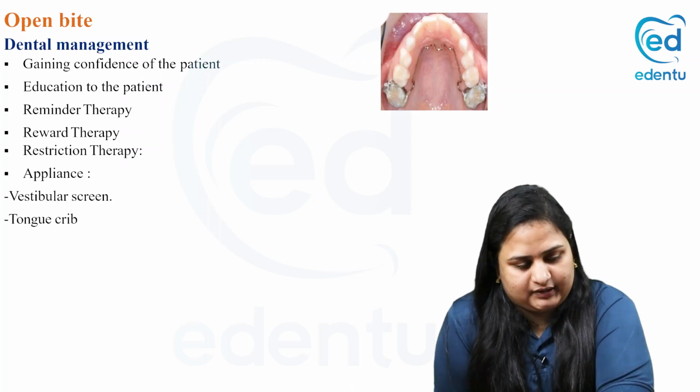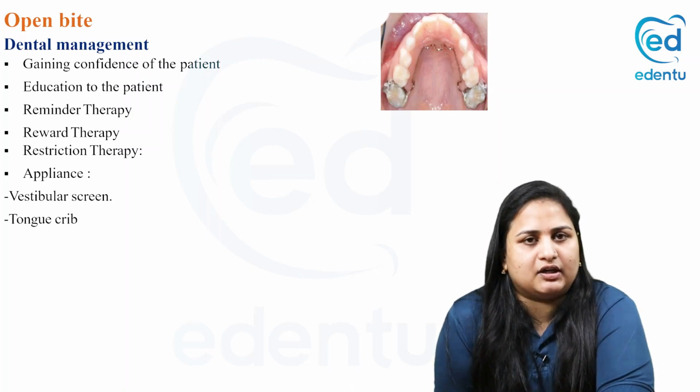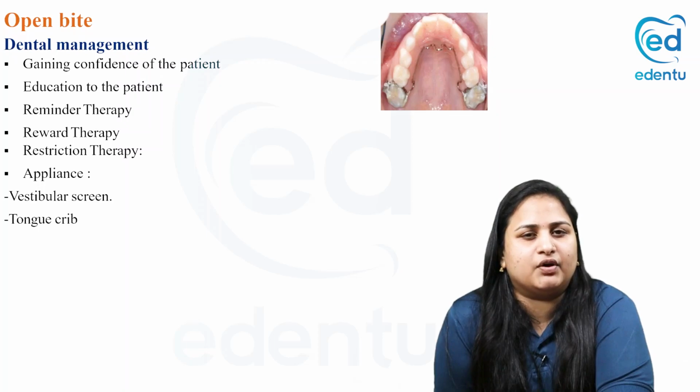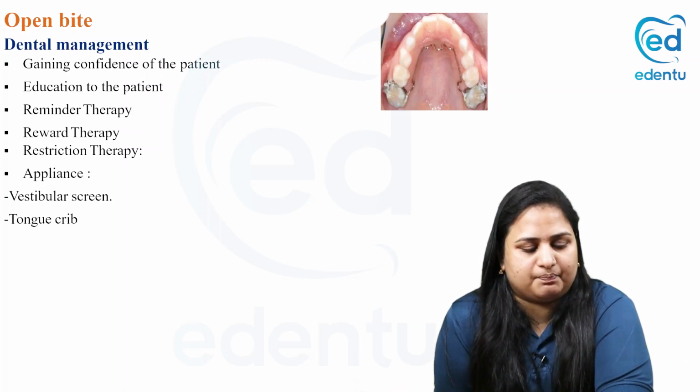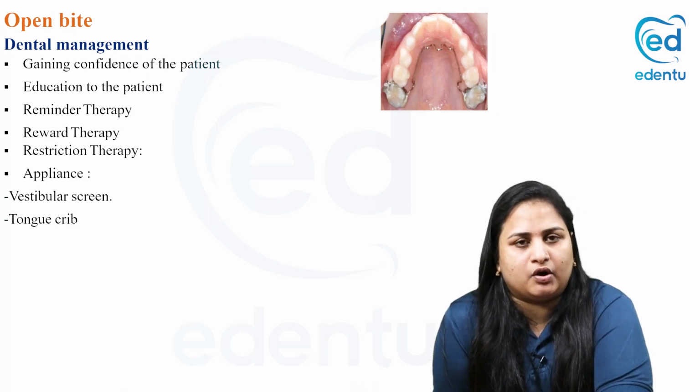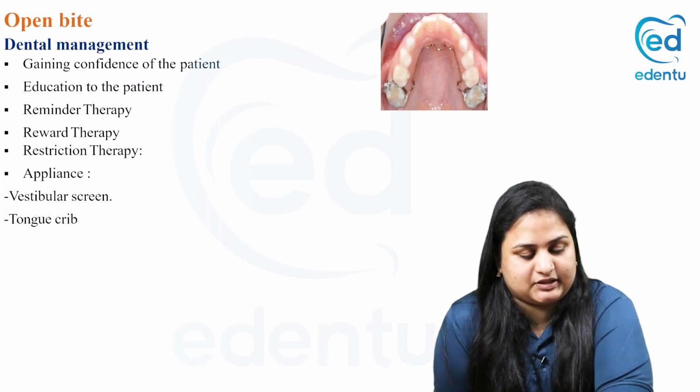So the management at a deciduous level or a mixed dentition is much easier than in a fully grown adult. The dental management can be corrected using fewer and much easier techniques, like gaining the confidence of the patient, and educating him or her on his or her malocclusion to treat it better.